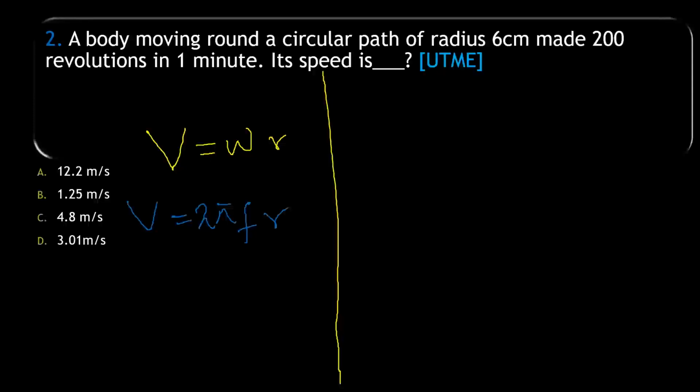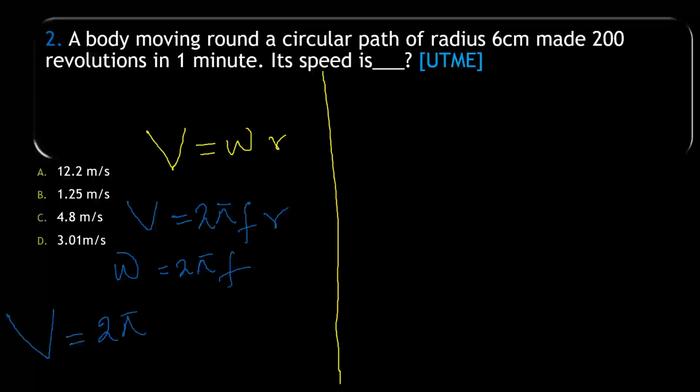Please don't, because omega is equal to 2 pi f. Now, what if I rewrite it as v is equal to 2 pi n r all over t? Will you be confused?